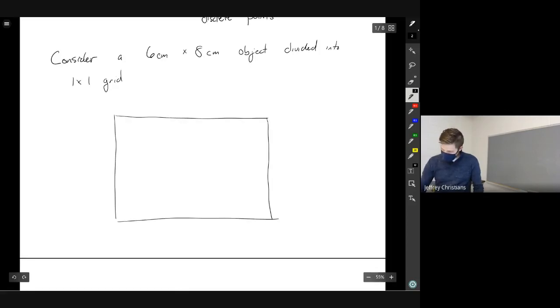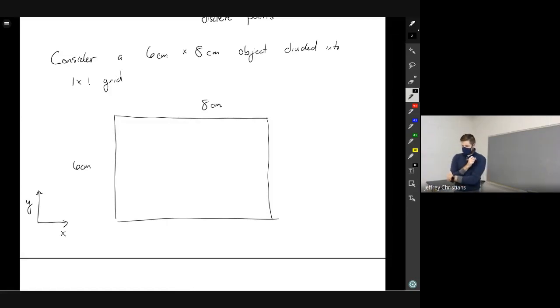We have a 6 centimeter by 8 centimeter object. In this case, right, we can put some axes on it, so that we'll call that the Y, not the C. Call that the X. And what we want to do is divide it up into a specific grid work. We're going to solve, like I said, this bottom 2D thing on the assignment that I gave out.